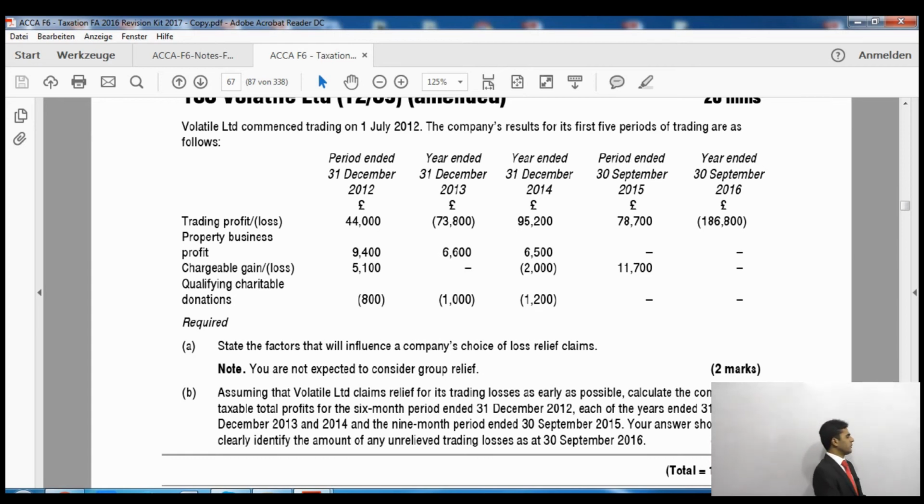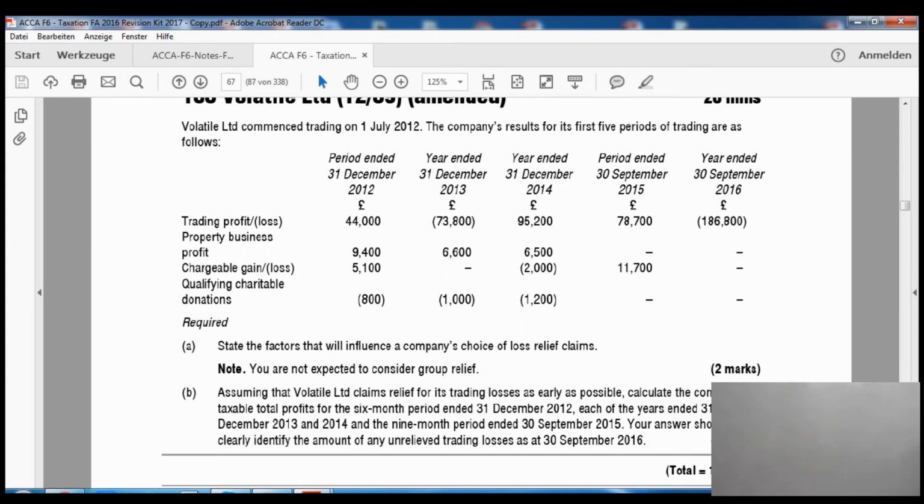But there is one interesting point here, if you might have noted. This period ended 30 September 2015 is 9 months long, which means that we can set off the 2016 loss against these 9 months of 2015, and the remaining 3 months from 2014.